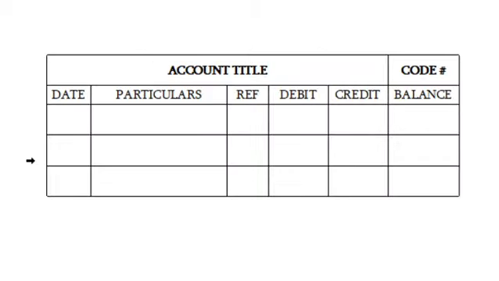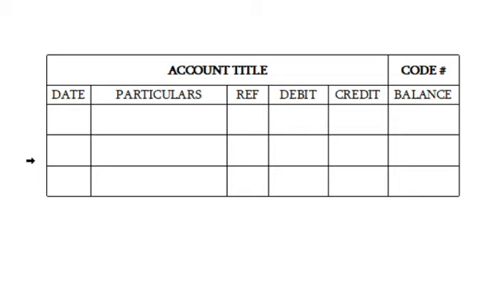So ledgers are utilized in order to know the balances of the different accounts at the end of the period. So ito yung itsura ng ating ledger. Nandito yung account title, yung code number, kung pang ilang number siya from our chart of accounts.